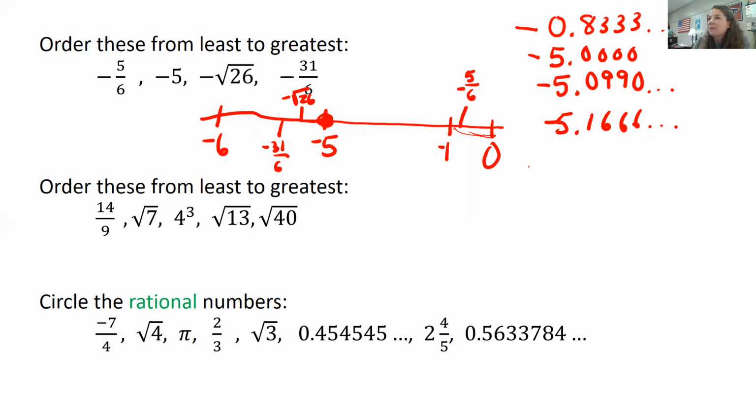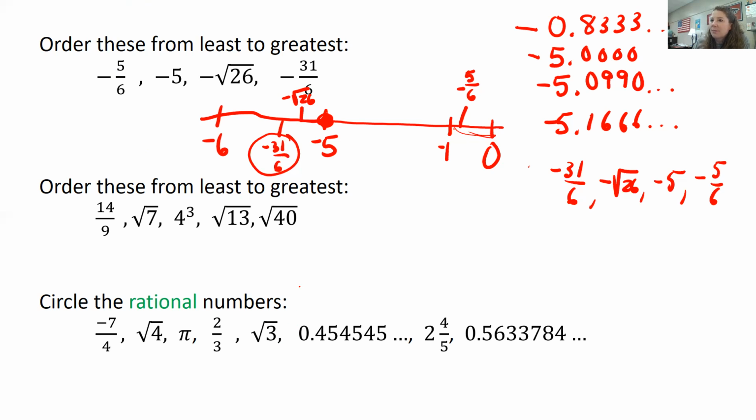So the smallest number on this list is -31/6. That's the smallest. And then we have negative square root of 26. And then we have -5. And the biggest number on this list, the one furthest right, is -5/6. So they're actually in opposite order. They were actually listed greatest to least. We want them least to greatest.